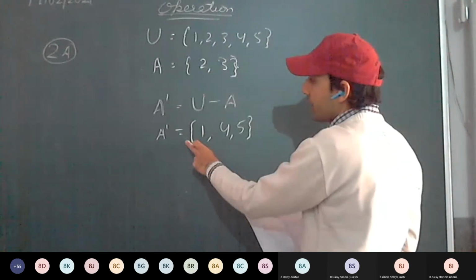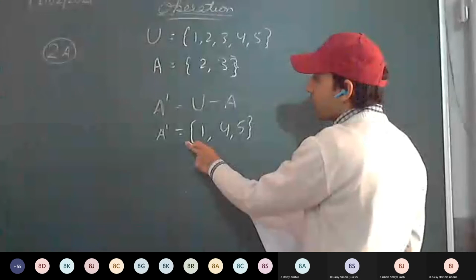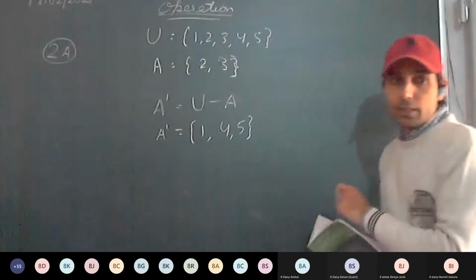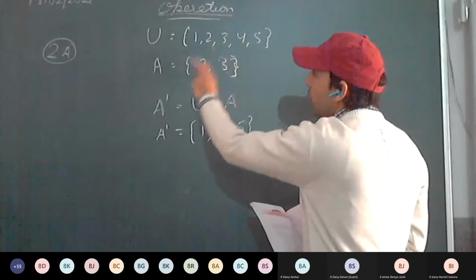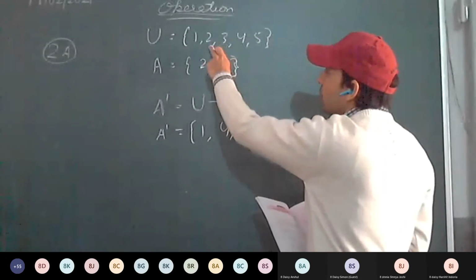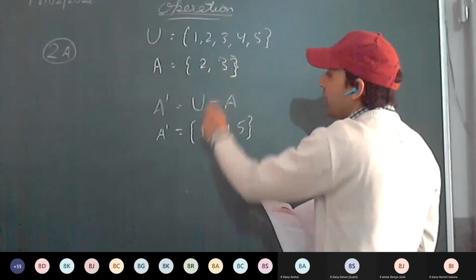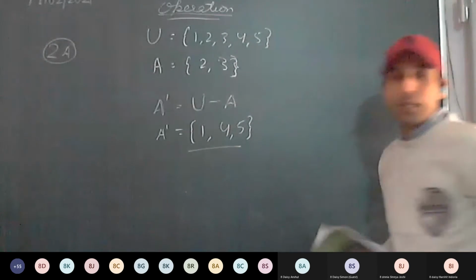So from the universal set we remove the elements of A, and that will be the complement of A.